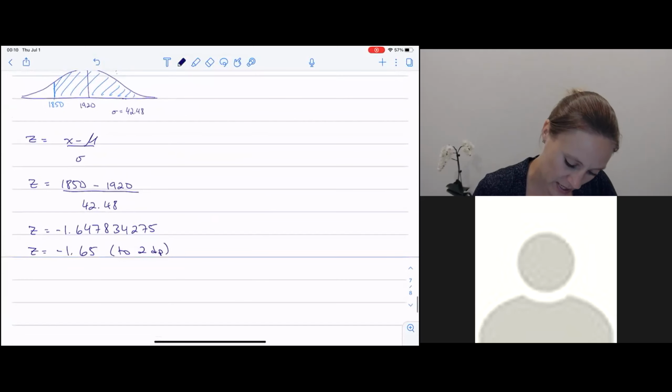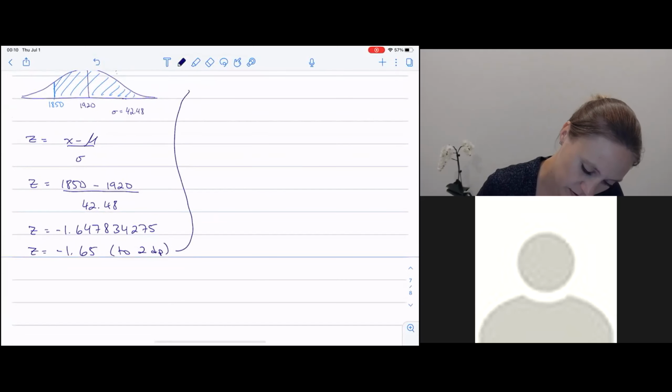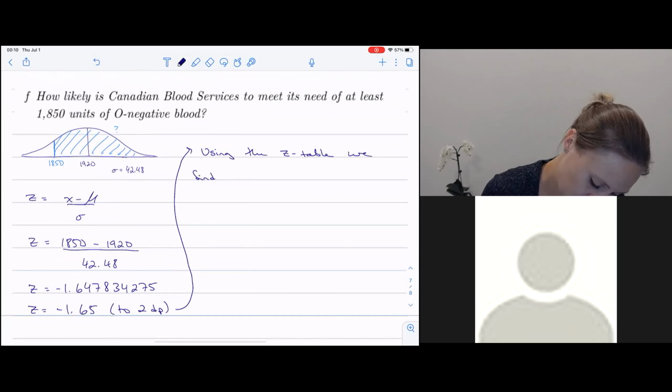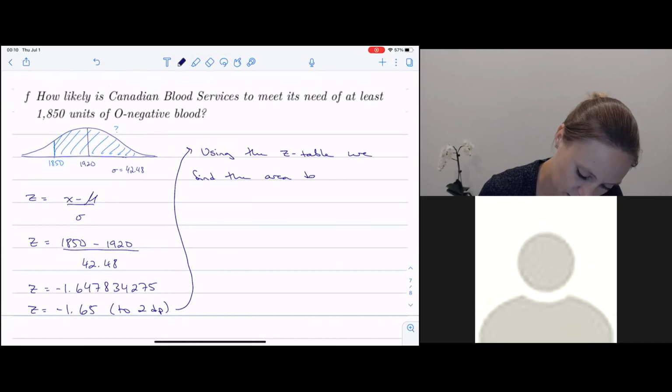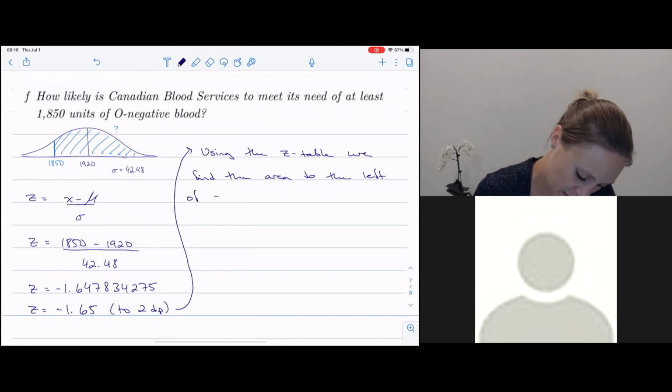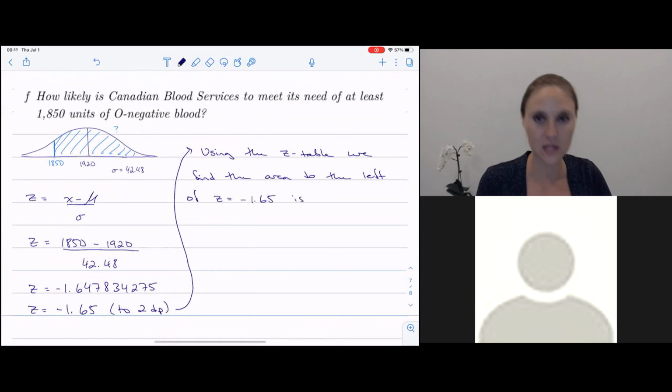Okay, so now using the Z table, we find the area to the left. Remember, it only gives you the area to the left of Z equals negative 1.65.